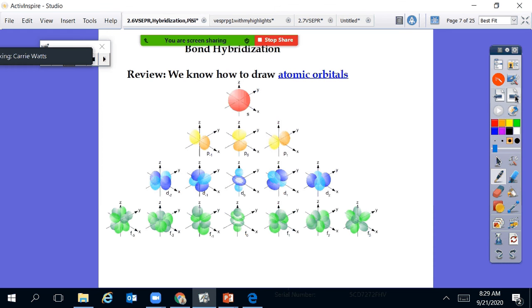Okay, so remember what we know about atomic orbitals. We have the S, the P, the D, and the F. And what happens is when they start to form bonds, they create this hybrid, either raising the energy level or lowering the energy level so that they can bond together.